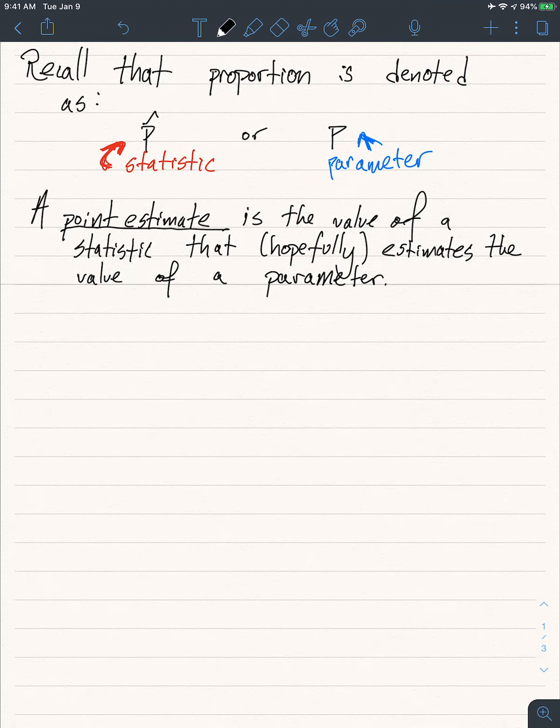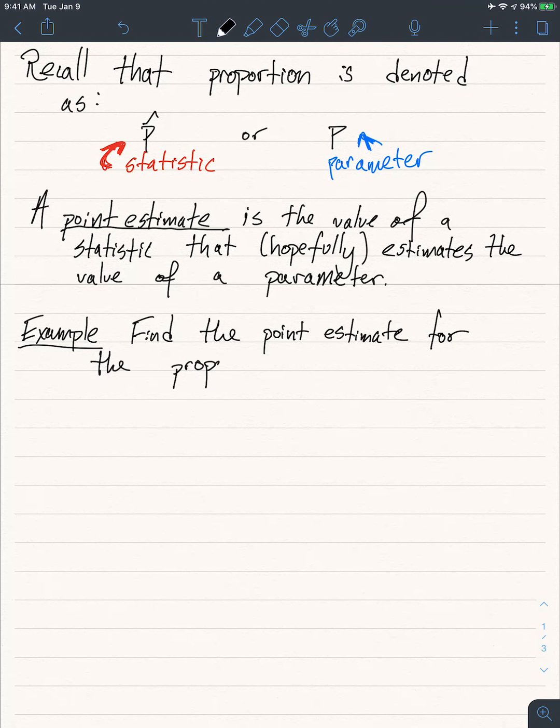All right, and just a quick example. Find the point estimate for the proportion of Americans that smoke tobacco.